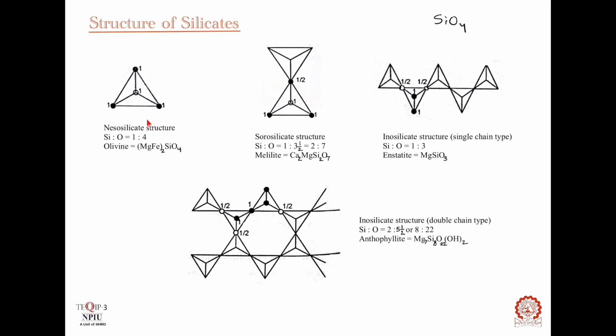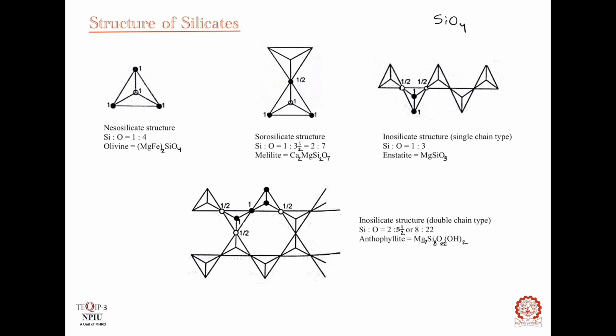This unit has the nature of either occurring alone or in different combinations along with other cations in mineral structure. Because of this, different kinds of groups of silicate minerals are formed.